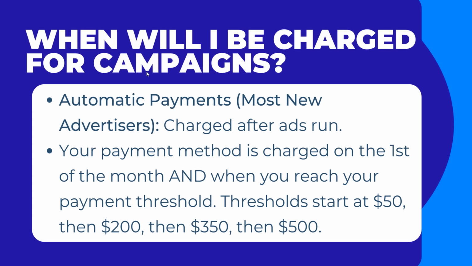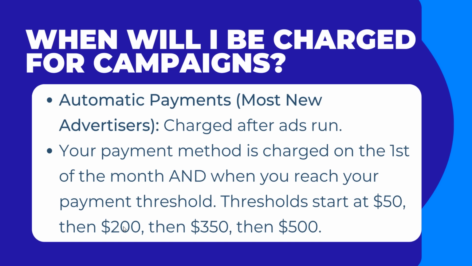So when will you be charged for new campaigns? For most new advertisers, you're going to be charged on automatic payments. You're charged after your ads run. Your payment method will be charged on the first of the month for whatever balance you have, and it'll also be charged when you reach your payment threshold. Your first threshold is $50. As soon as you spend $50 in your Google Ads account, they're going to charge you $50.